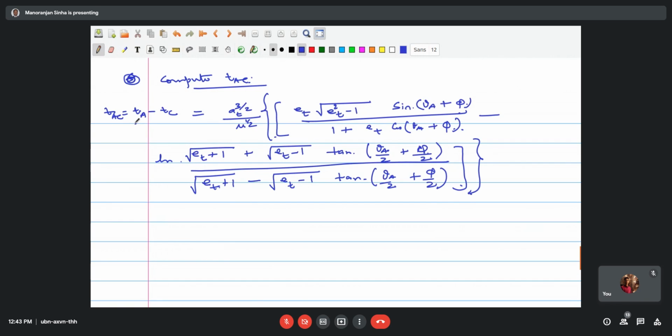For TA, phi equal to 0, and for TC, phi equal to pi by 2.